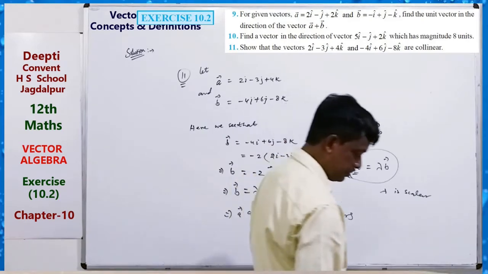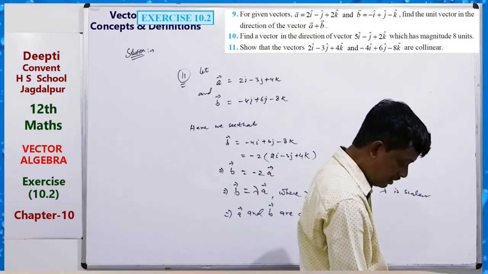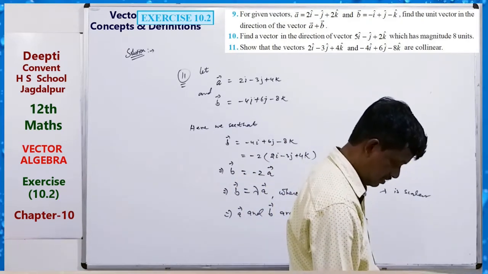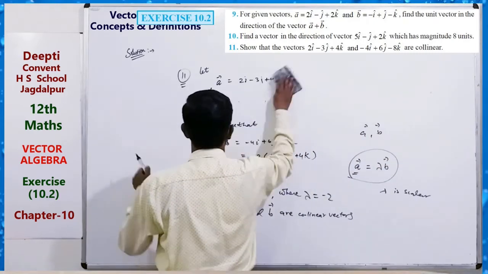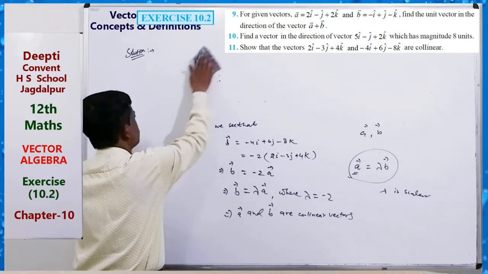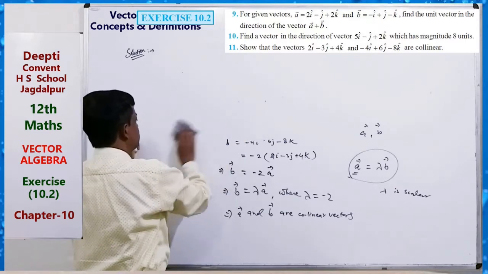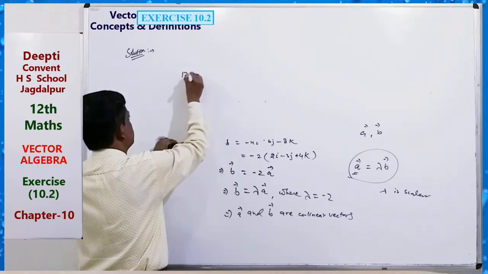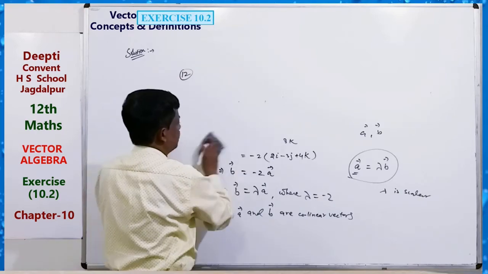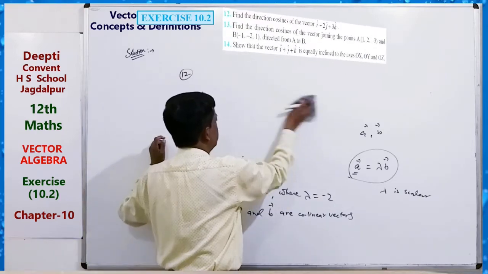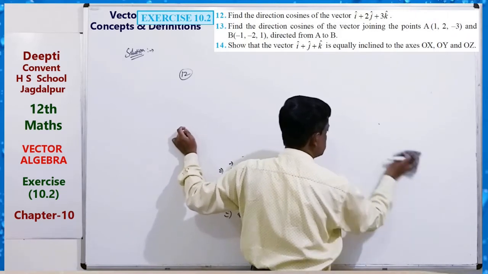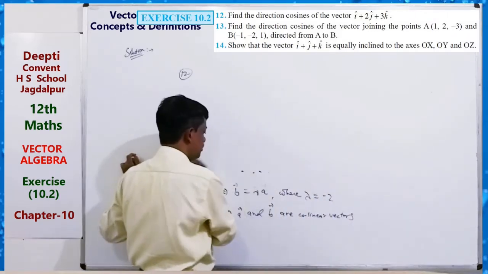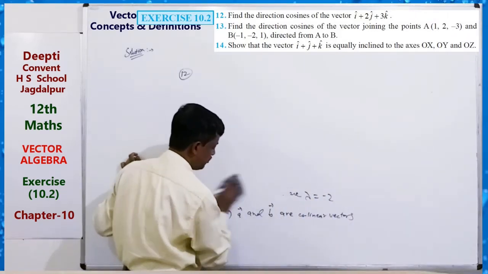Question 12: find the direction cosines of the vector i plus 2j plus 3k. How can we find the direction cosines of a vector? This is a very important topic: finding direction cosines and direction ratios of a point in 3D or of a vector.